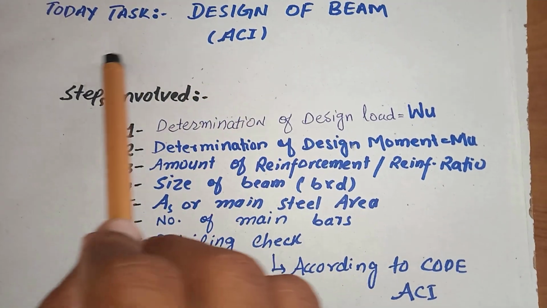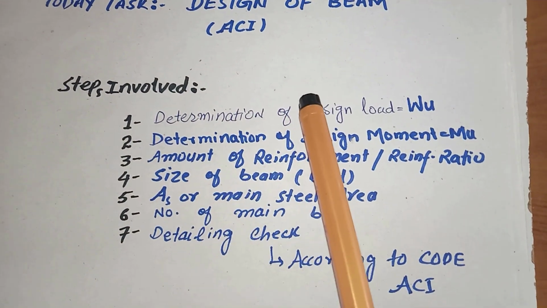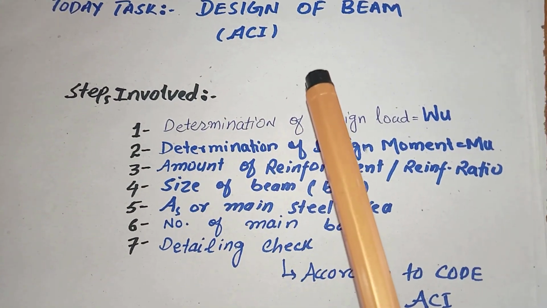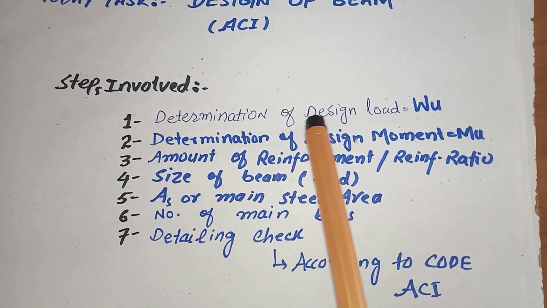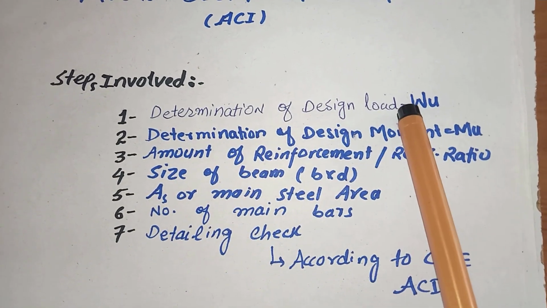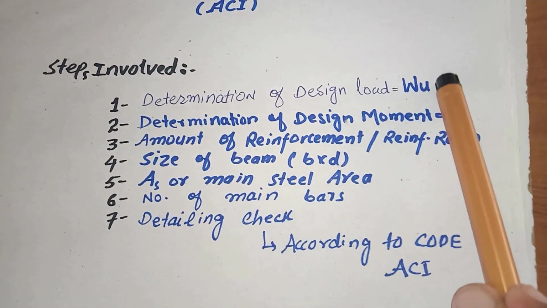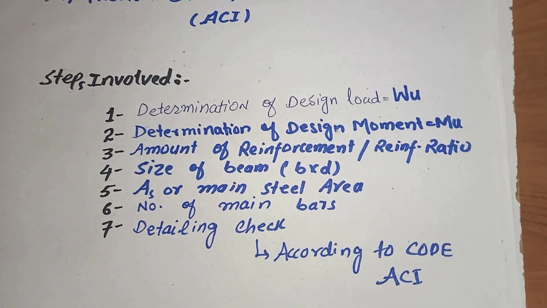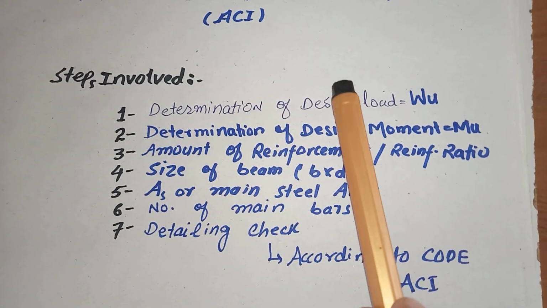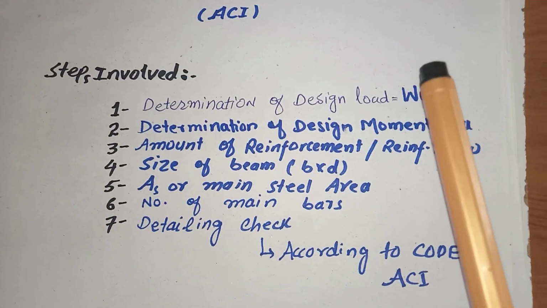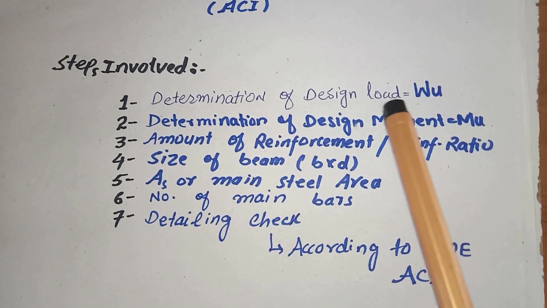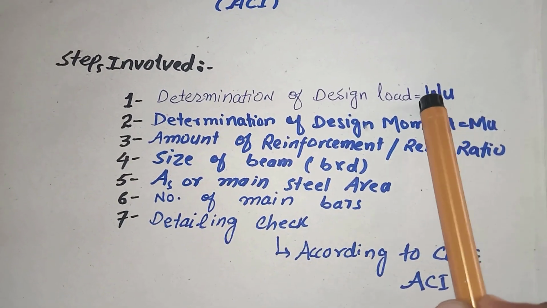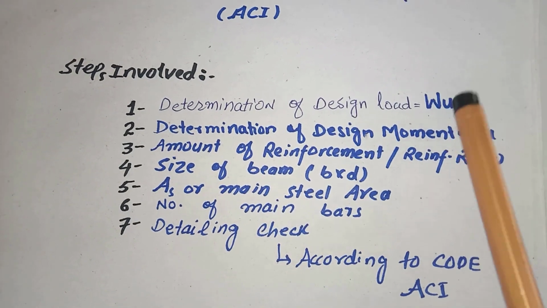These are the steps involved in designing a reinforced concrete beam. The first step is determination of design load, that is WU. According to ACI, this is the ultimate load or design load that we calculate from 1.2 times dead load plus 1.6 times live load.